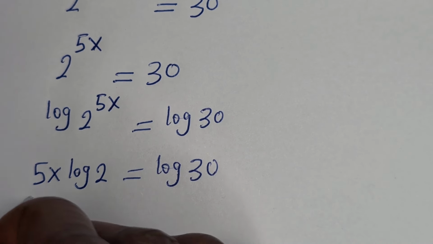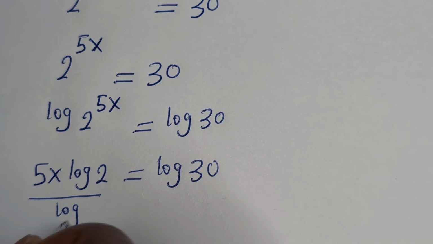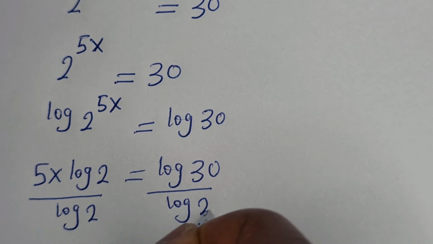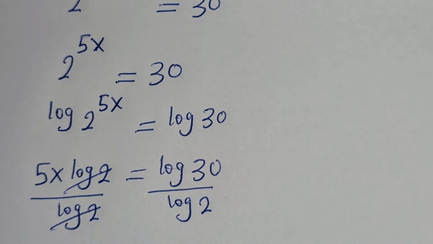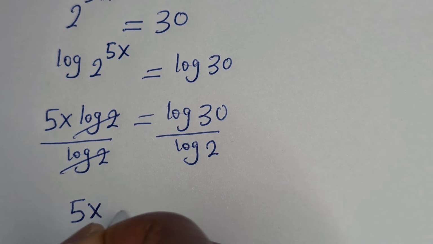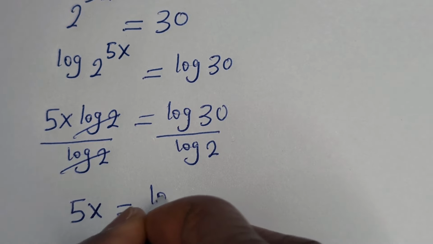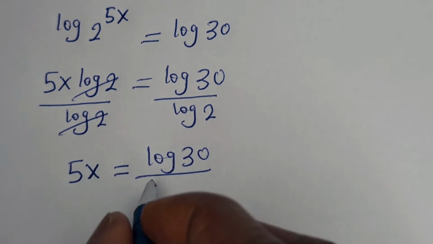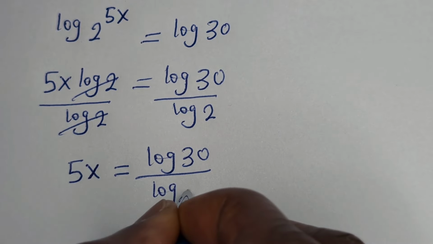Now let us divide both sides of this equation by log 2. Log 2 cancels log 2. 5x is equal to log 30 divided by log 2.